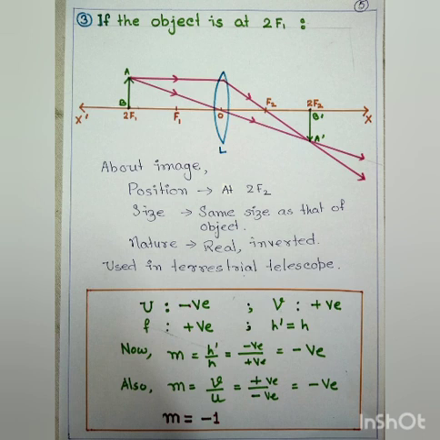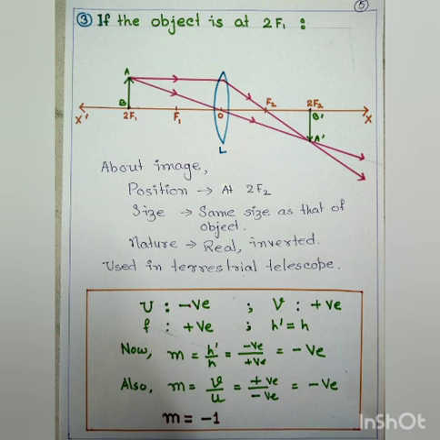Now students, whenever you draw the ray diagrams, I will always advise you, first you select the positions of F1 and 2F1, on the other side F2 and 2F2. Clear?